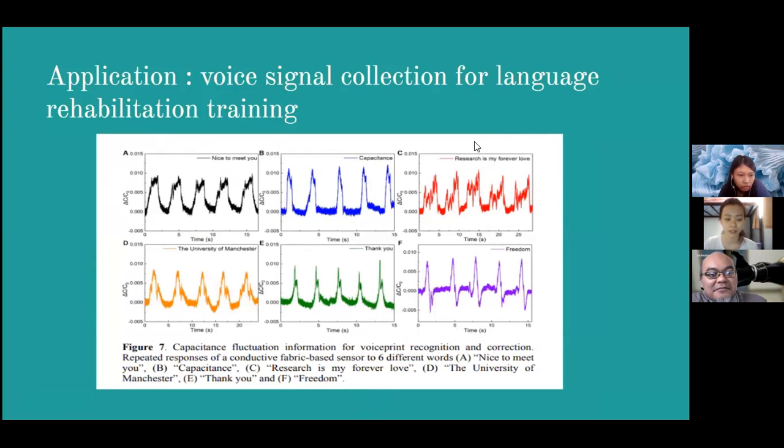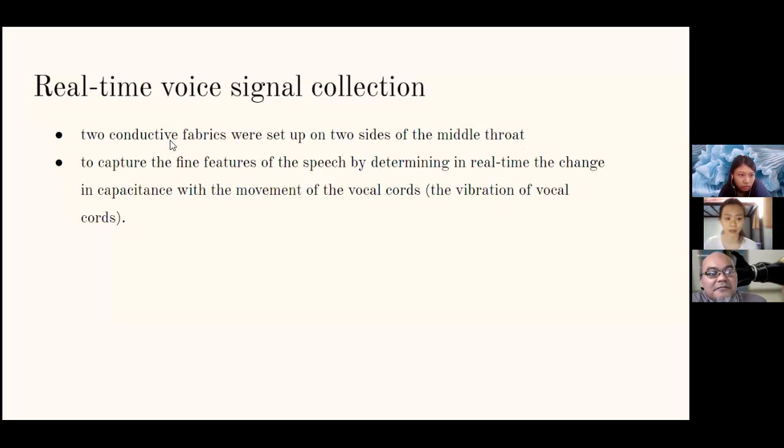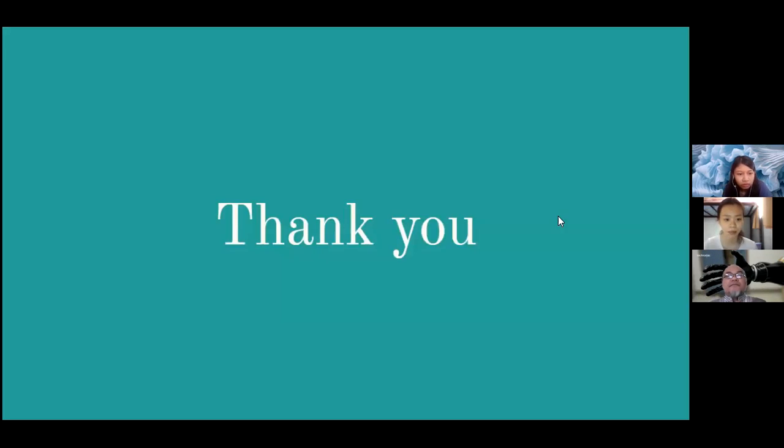How this signal is produced is that the two conductive fabrics in the sensor were set up on the two sides of the middle throat. So this sensor captures the fine features of the speech by determining in real time the change in capacitance in accordance with the movement of the vocal cords, which is the vibration in the vocal cord. And that is all from us.